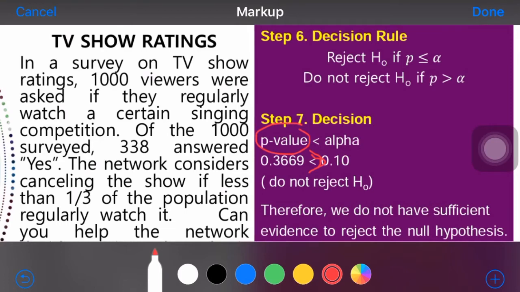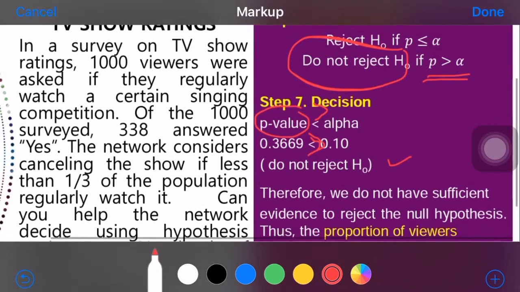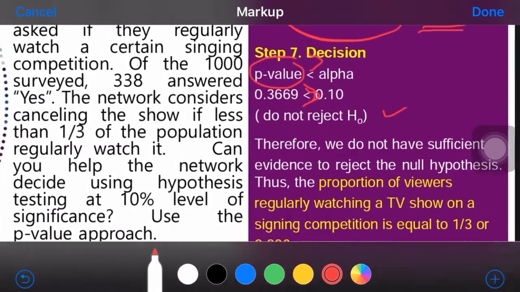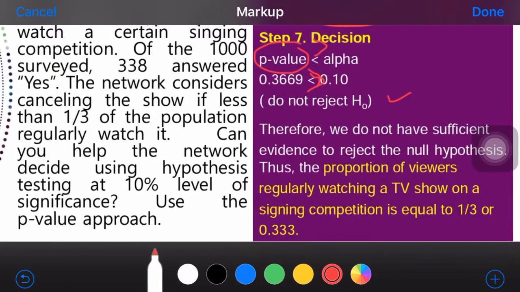Thus, the p-value is greater than our alpha. And if the p-value is greater than alpha, then we do not reject our null hypothesis. Therefore, we do not have sufficient evidence to reject the null hypothesis.